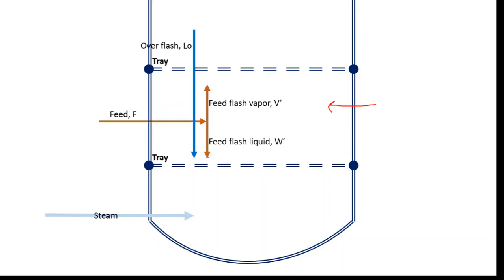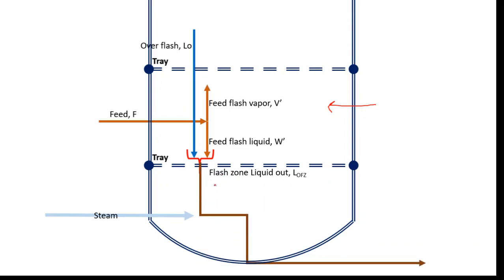It mixes with the feed flash liquid, so the net amount is the overflash plus the feed flash liquid. This net amount is called the flash zone liquid out, LOFZ, the amount of liquid leaving the flash zone. A portion of this liquid is taken out with the help of steam, and this portion is called the strip out vapor VSO.